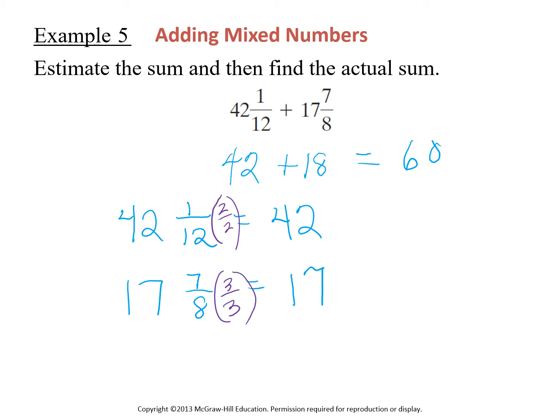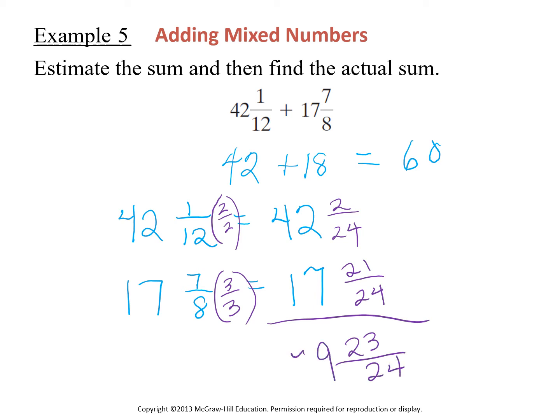So I have 42 and 2/24, 17 and 21/24. So I'll add the fractions and the whole numbers separately. And 23/24 and 59. So you can see that my estimate is very close to my actual answer.